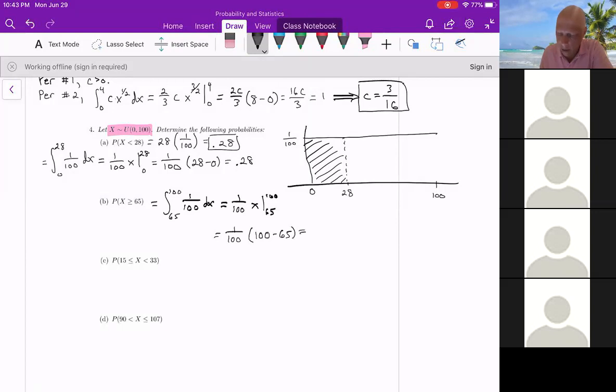And that's going to be 35 over 100 or 0.35. So that is the integration approach to answering this one. But again, it should match the geometric one if you happen to have done it that way.